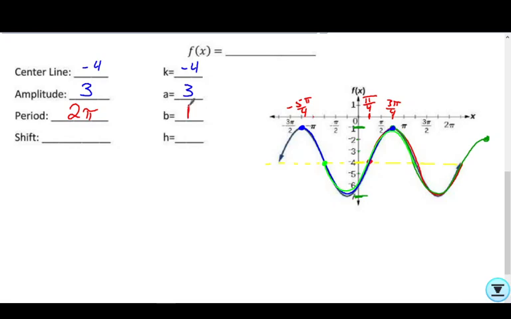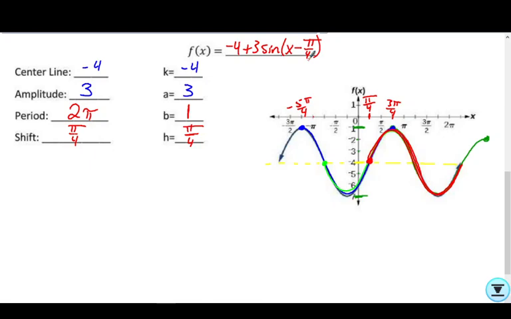Okay, so if I use sine, this will be the red one. Sine has been shifted pi over 4. Since there's been no horizontal stretch or compression, my h is pi over 4. So sine is going to be -4 plus 3 sine of x minus pi over 4.